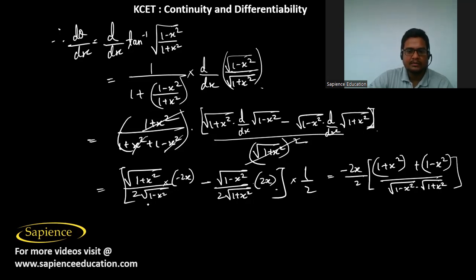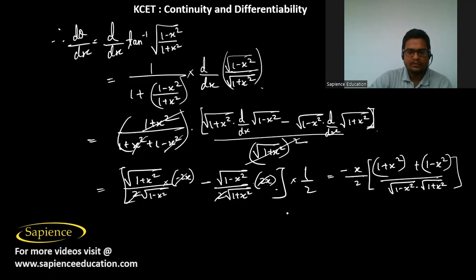Since if you take the LCM of these two, we will get 2 into root over 1 plus x square into 1 plus x square. So we can cancel these two actually. So then only this by 2 is there.